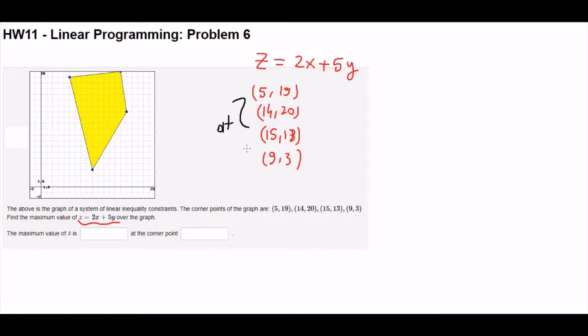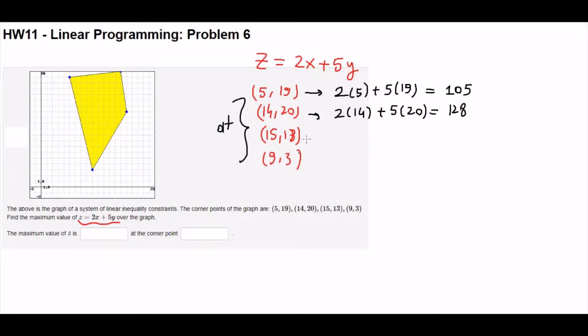So at this corner, what is the value of the objective function? That's what we are concerned with. Here our x value is 5, so 2 times 5, plus 5 times our y value of 19, and this calculation gives us 105. Here 2 times 14 plus 5 times 20, and this computation gives us 128, and 2 times 15 plus 5 times 13 is equal to 95.